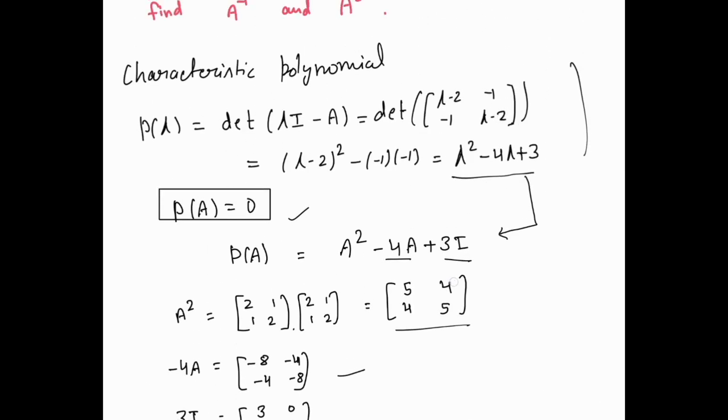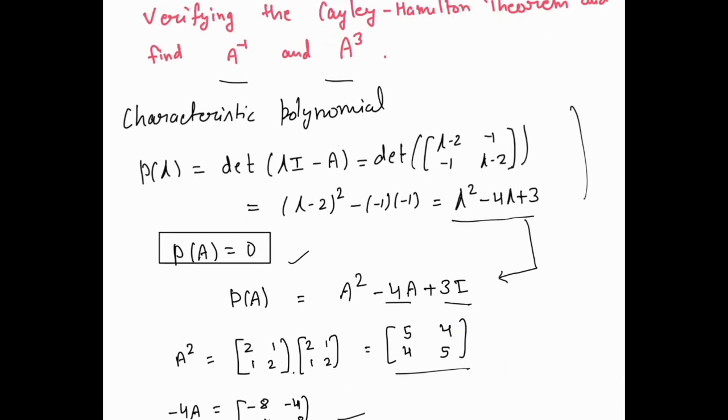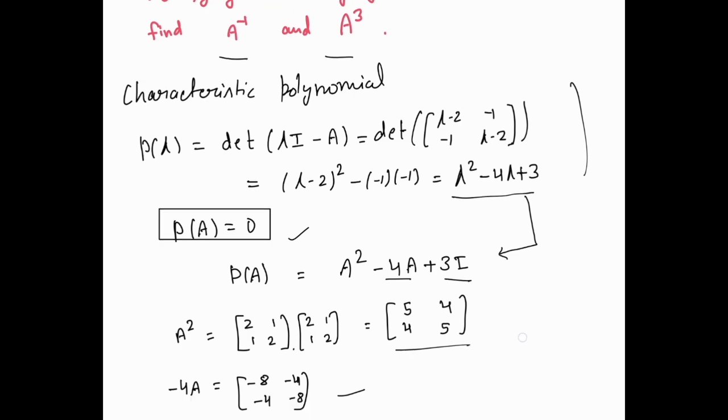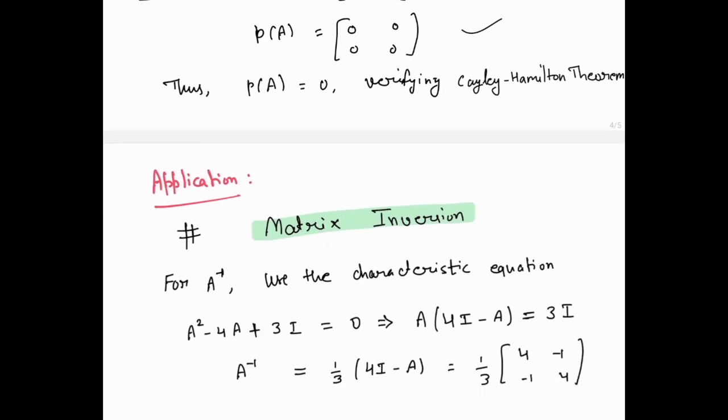Now we have to find A inverse, then A cubed. We go to A inverse, which is matrix inversion. For that we use the characteristic equation equal to 0. We take A common from the first two terms, put 3I on the other side, and take minus common, so it becomes A times 4I minus A, and then we get A inverse.